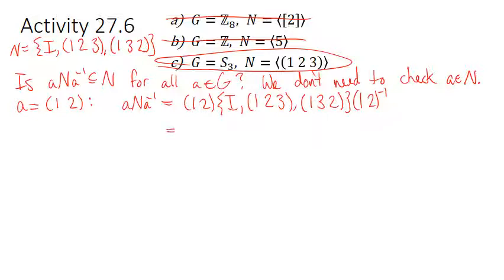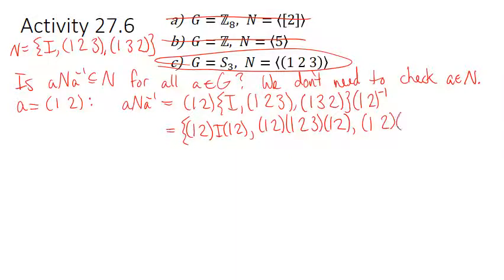So this will be (1 2), then the identity, then (1 2) again; then (1 2), then (1 2 3), then (1 2) again; and the last one will be (1 2), then (1 3 2), then (1 2) again.